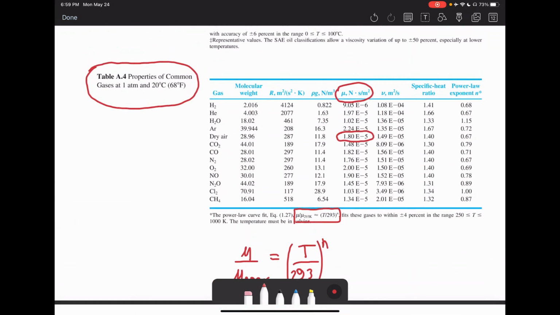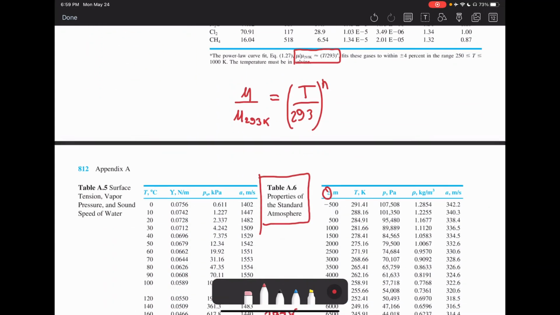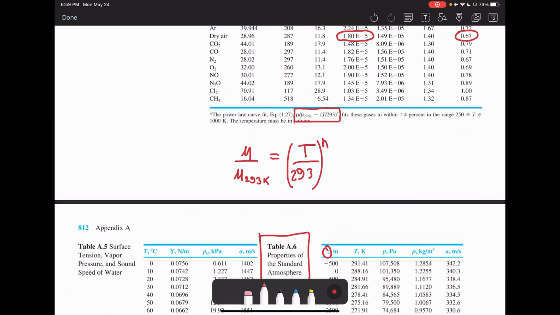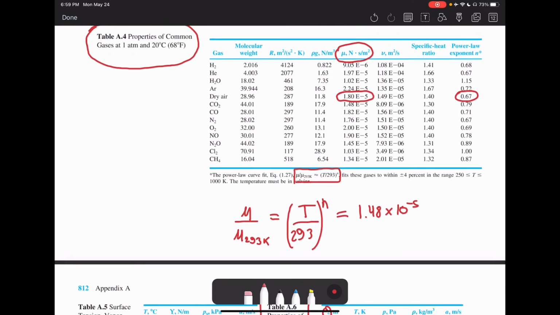We also have the exponent n, which is given here. And so if you plug in your exponent n and your temperature from table A6, you get that this would be equal to 1.48 times 10 to the minus 5 Newton seconds per meter squared. Okay, very important.